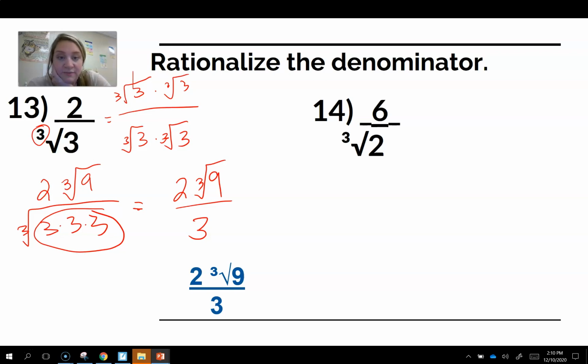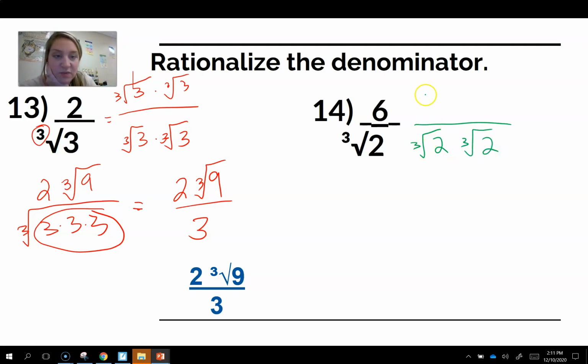Okay, 14. I have a cube root of 2. So what does that mean? It means I need 3 of the cube root of 2's, right? I only have 1 of them. I need 2 more. So I need to multiply 2 more of them in here.